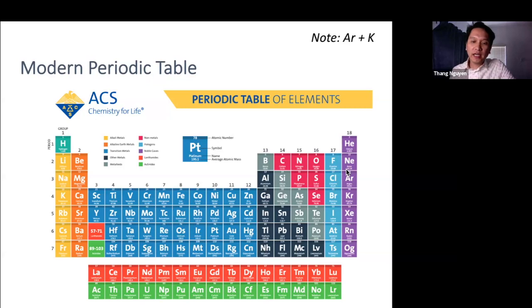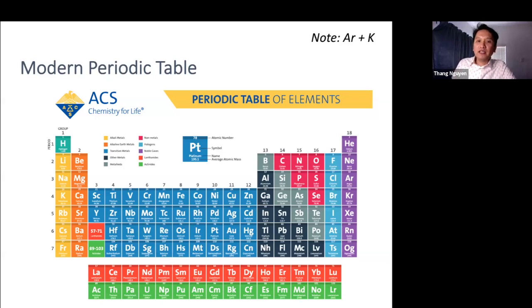It is organized actually by something called the atomic number. So the number up here, the atomic number, the number on the top, 13, 14, 15, 16, and so on and so forth. That turns out to be the number of protons, a concept we'll talk about in just a minute, the number of protons your atom, hence your element, has.